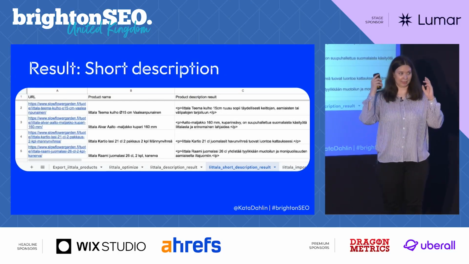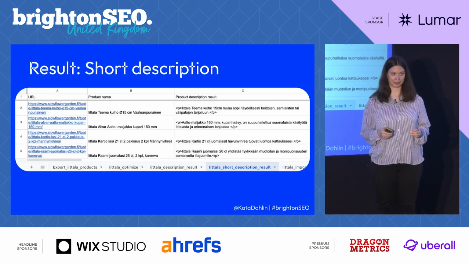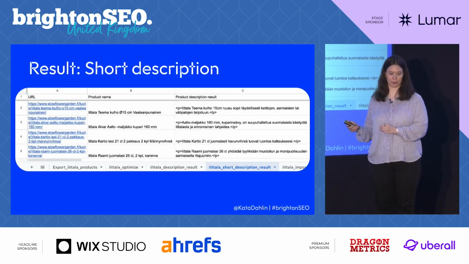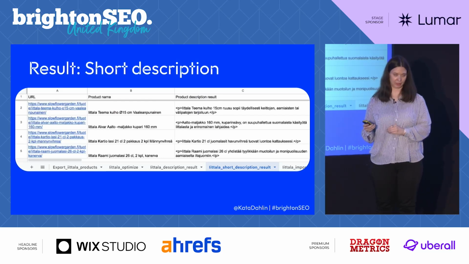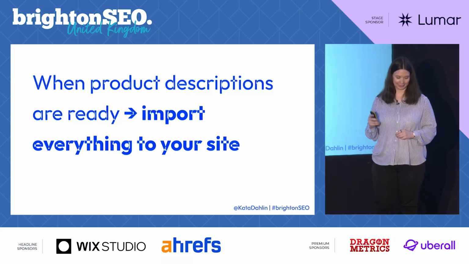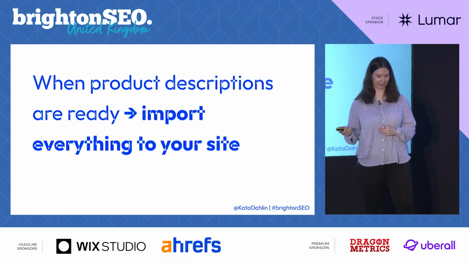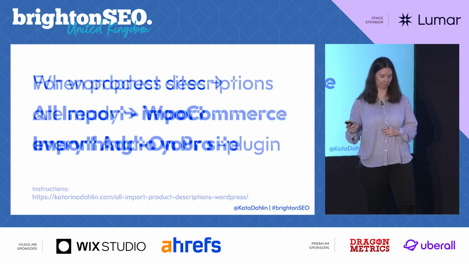So when it has done this, I have a list with all the long product descriptions and another one for the short product descriptions. Then I read them through quickly with my eyes, and when they are all ready, I can import everything at once to my site.